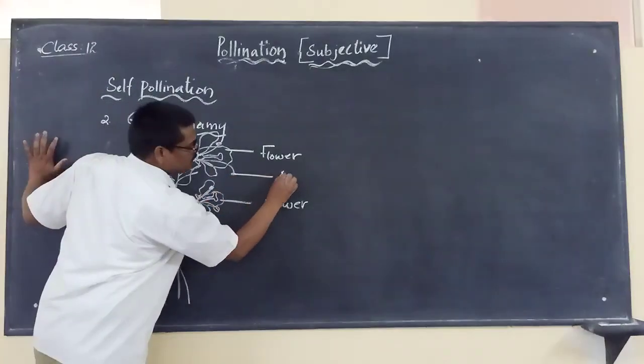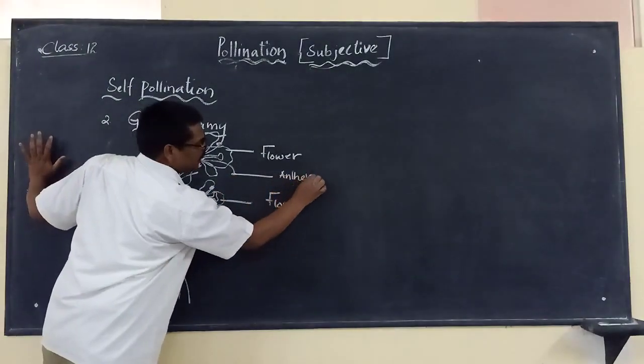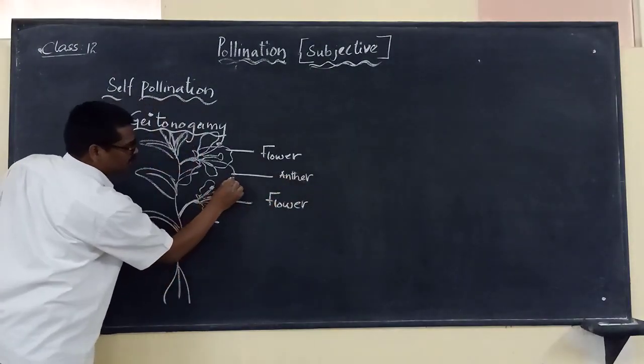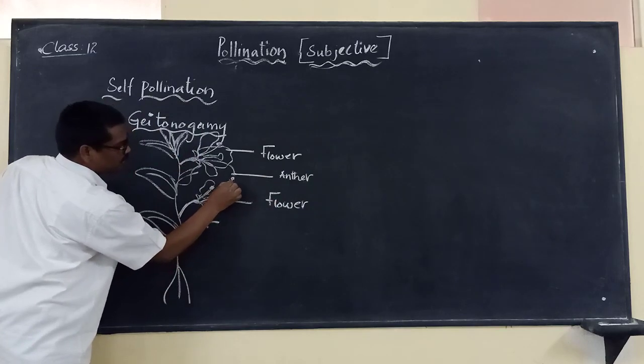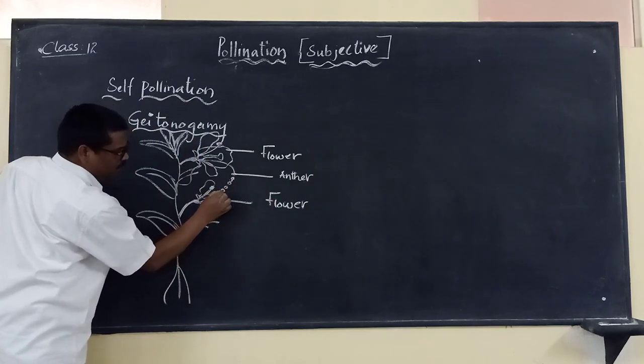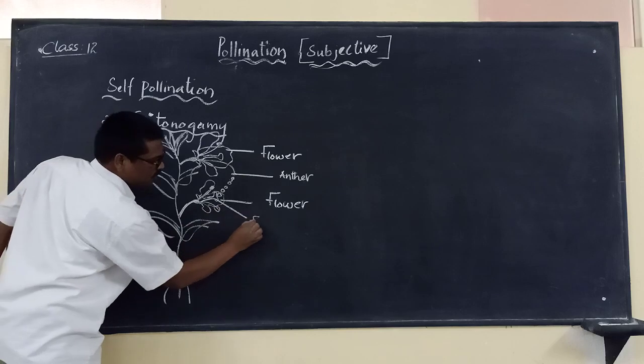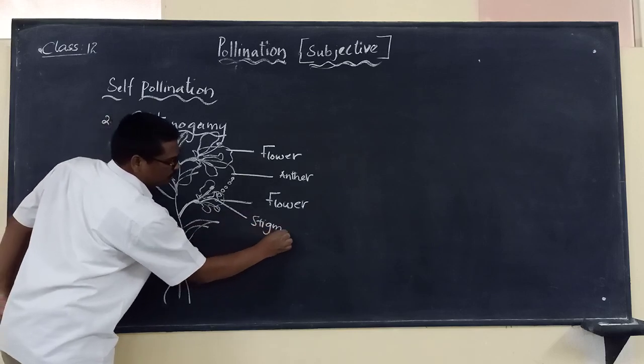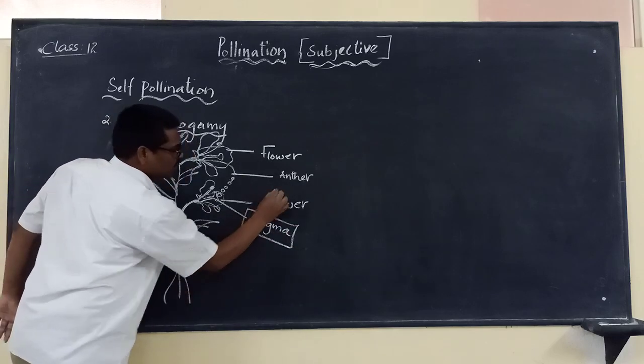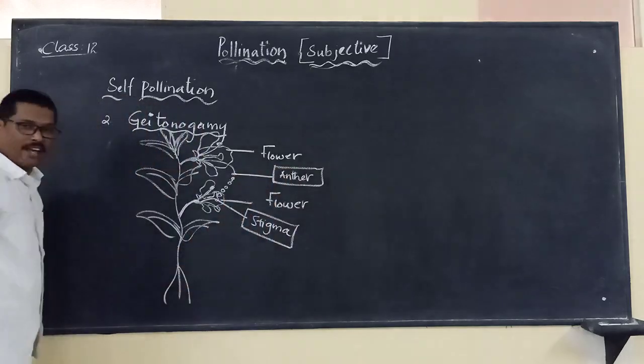Let us say that this is the anther, and pollen grains are falling now. These are the pollen grains. When the pollen grains are falling and reaching onto the stigma, this is the stigma and this is the anther.